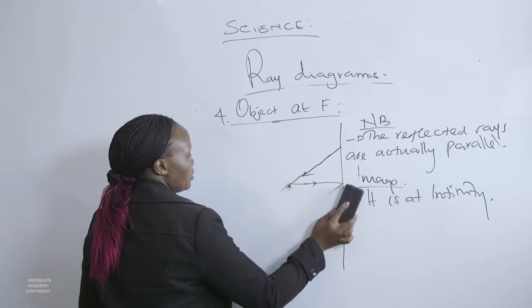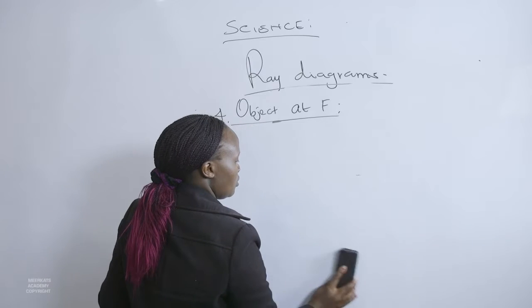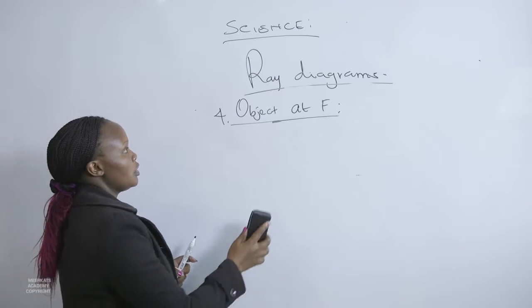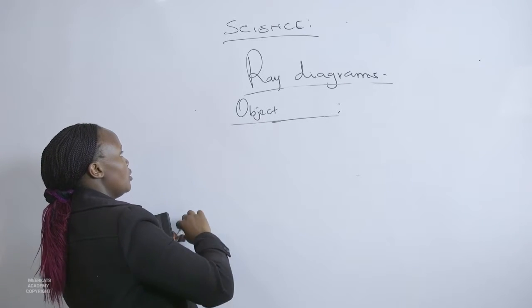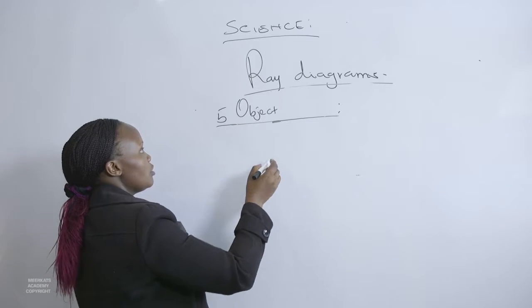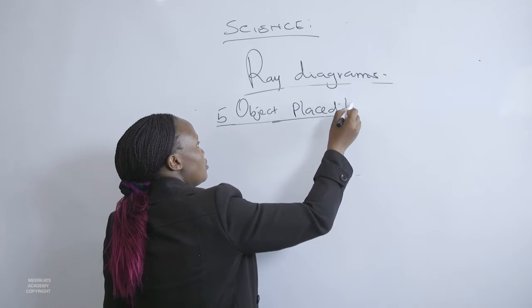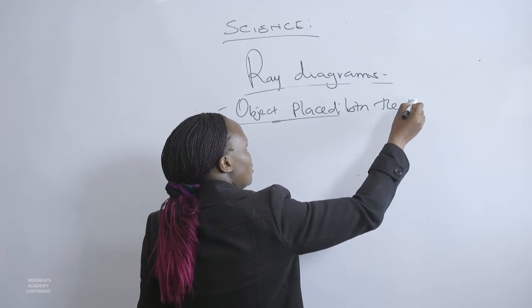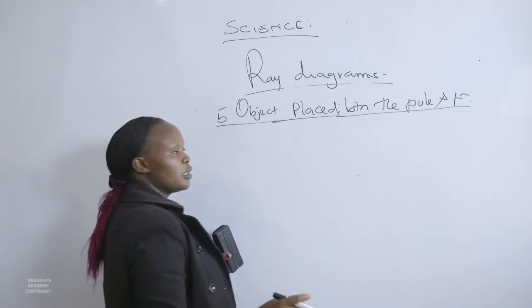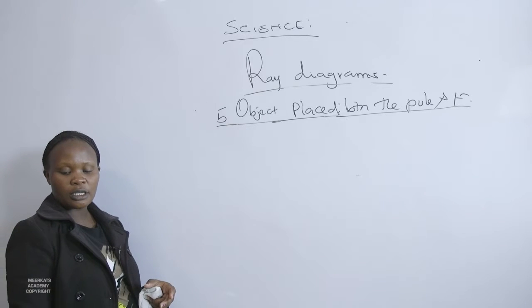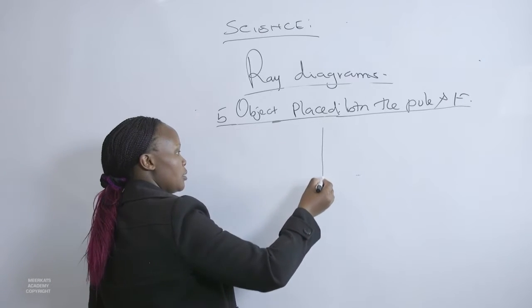And finally, let us talk about an image. Number 5, let us try and trace an image of an object placed between the pole and F. An object that is actually between F and P. We can also draw it.